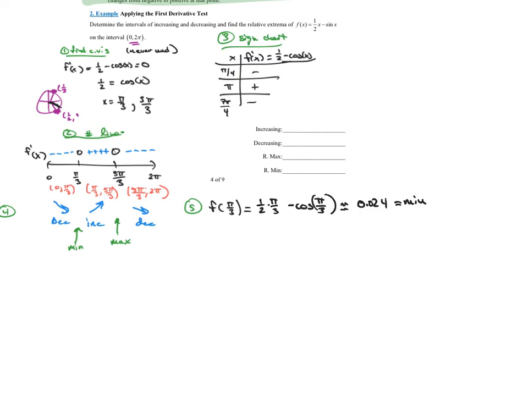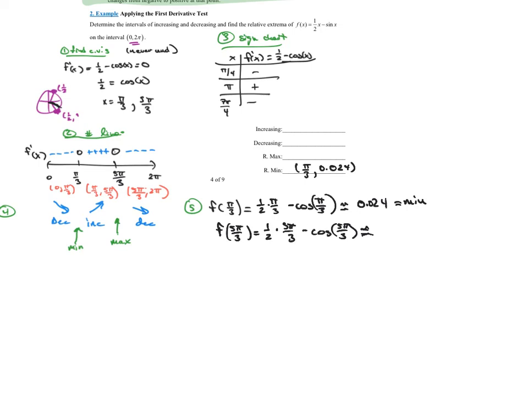So the relative minimum, or the local minimum in this case, would be the point pi over 3, 0.024. I'm not sure if they want just the x value, just the y value, so I'm going to find the actual point. Likewise, with the relative maximum, we need to plug in 5 pi over 3. So that would be, into the original function, 1/2 times 5 pi over 3 minus cosine of 5 pi over 3. Plug that into your calculator.